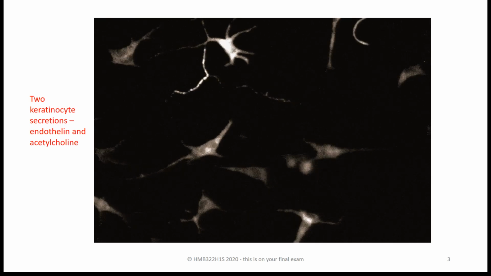And one of the things that we are seeing here is the activation of different melanocytes, which are sitting nearby these keratinocytes. And as the keratinocytes, which we can't see, release substances like acetylcholine, which is a neurotransmitter, or endothelin, it activates these melanocytes.